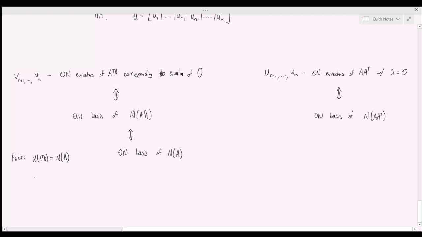And it turns out that the null space of A A transpose would be the same as the null space of A transpose. So then really you just need to find an orthonormal basis for the null space of A transpose in order to get these vectors U_{r+1} through U_m.